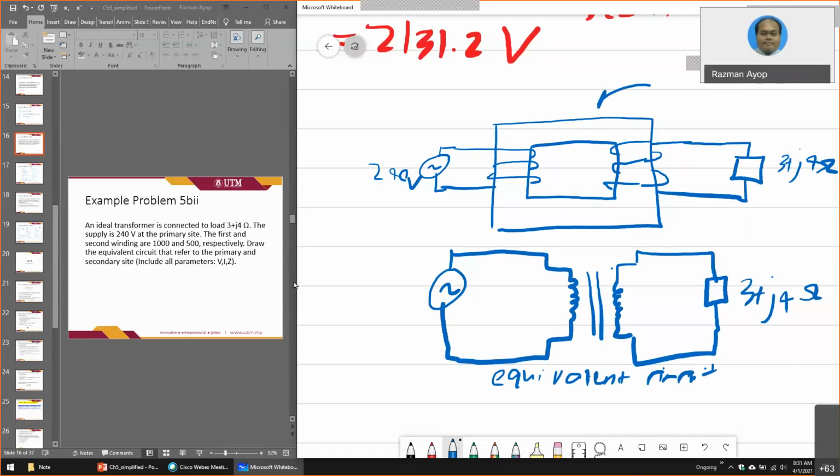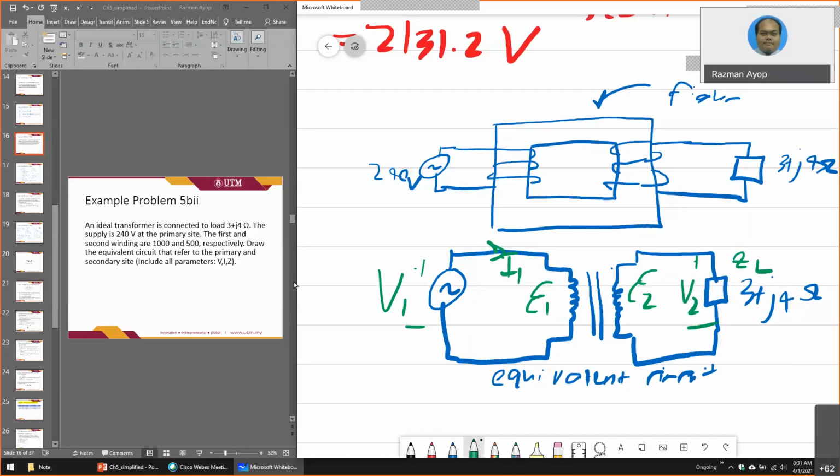This is the figure; make sure you know the difference. So you have I1, this one is V1, and then this one is E1, and this one is E2, V2, plus minus, and then this one is ZL.